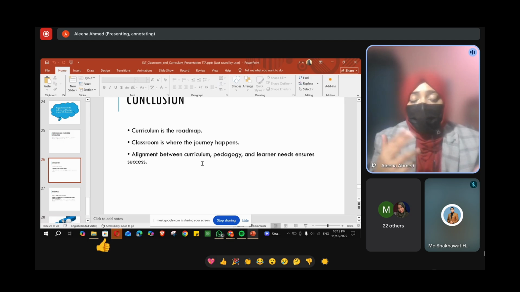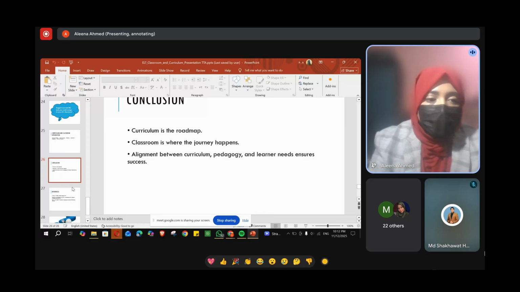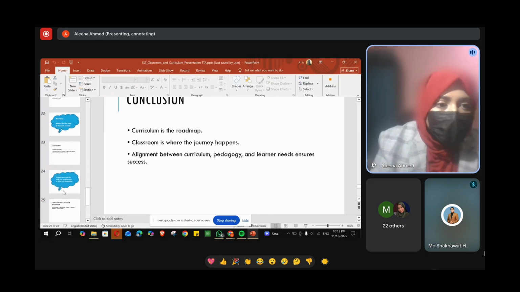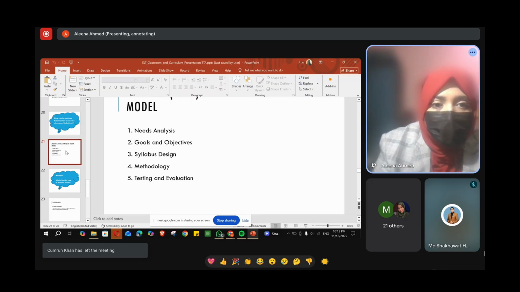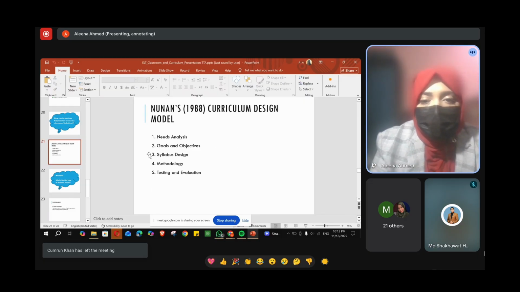And in between, the most important part is the alignment between the curriculum, pedagogy, and learners' needs, because this is the only way we can have success.